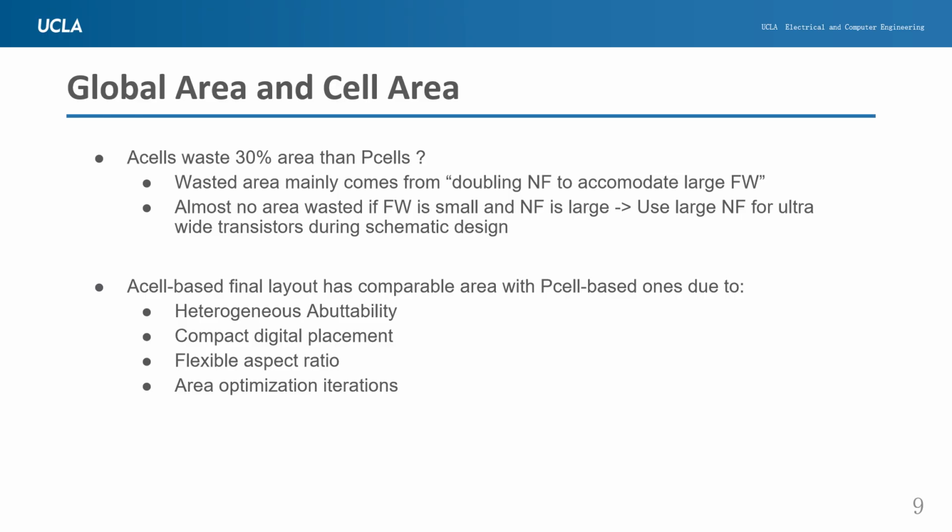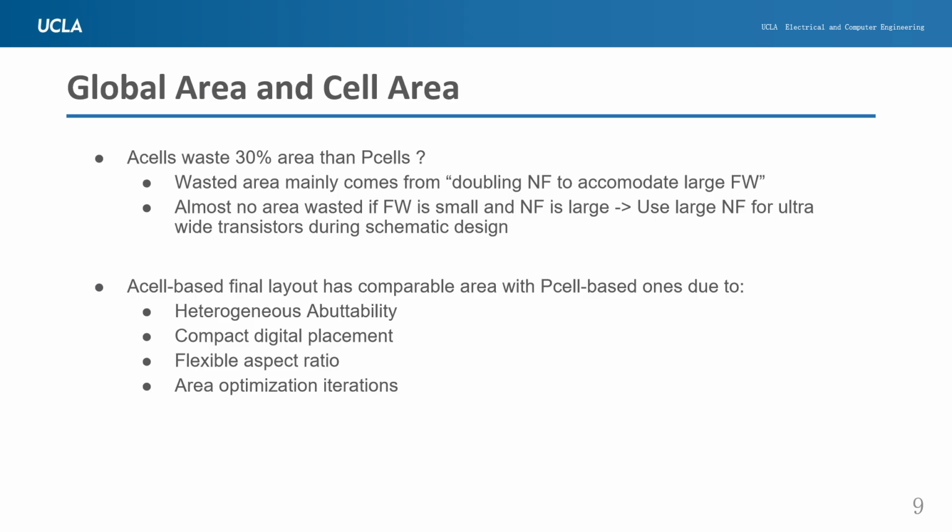Also, even if a single A cell does waste more area than a single P cell, it does not mean that the final layout wastes more area than P cell based final layouts, because first of all, A cells are abuttable regardless of their NP type or their sizings, which a P cell cannot.